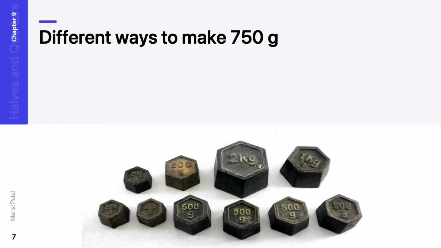So see here, they are given different weighing stones. This is of 2 kilogram, this is of 1 kilogram, this is of 500 gram, this is of 200 gram. See here, it depends on the use of the things.